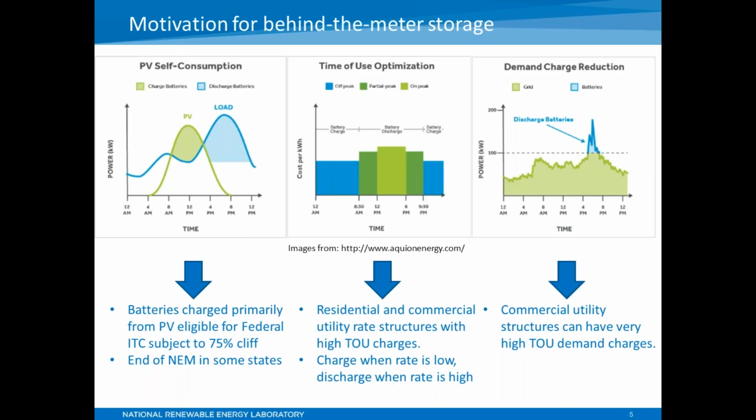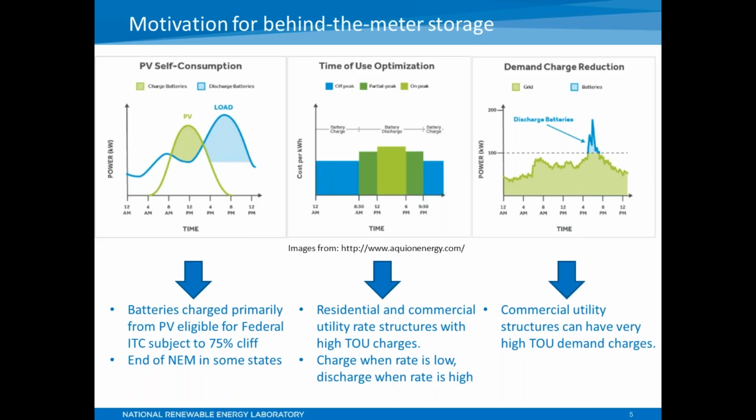Moving to the middle, we have time of use optimization. So this is a classic buy low, sell high kind of approach where you are basically charging the battery from the grid when power is cheap and then discharging during high time of use rates.